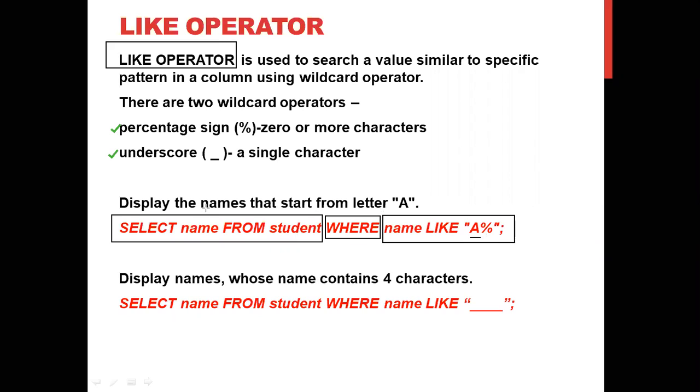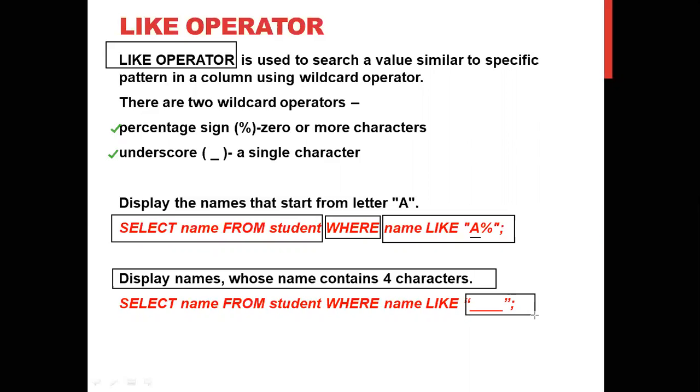In the second example, it will display names that contain 4 characters. It means the condition is only 4 characters, so we give name like 4 times underscore. Okay, this is about the like operator.